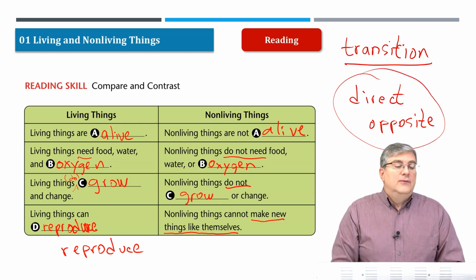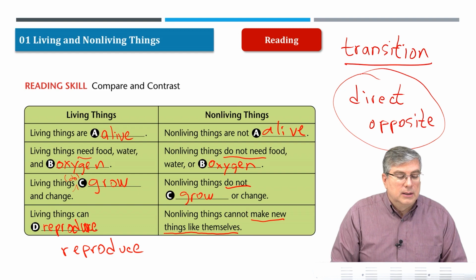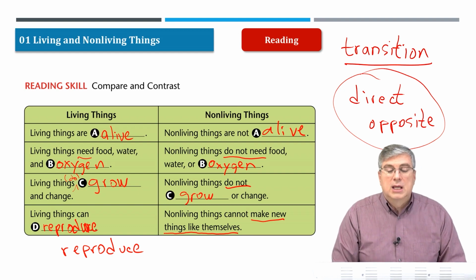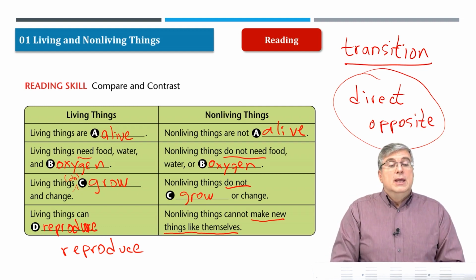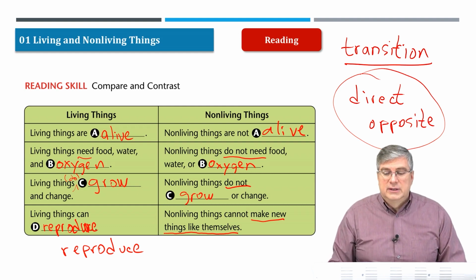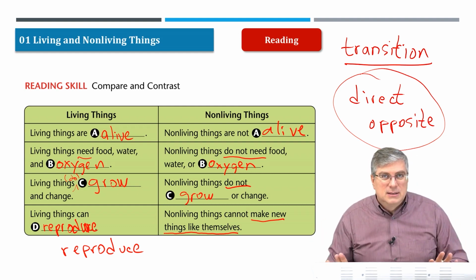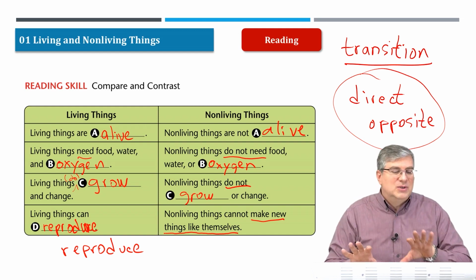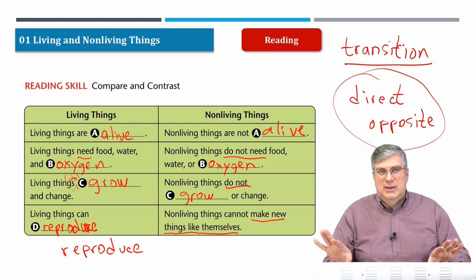Okay. And then finally, as we saw before, living things can reproduce. Non-living things cannot make new things like themselves. That's the same as saying reproduce. Okay, so basically this chart shows us the differences, the opposites, the characteristics between living things and non-living things.